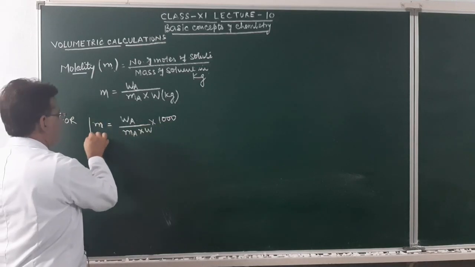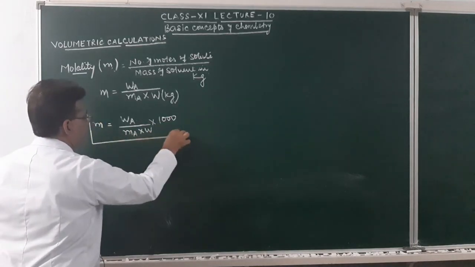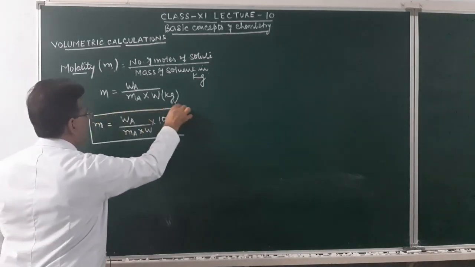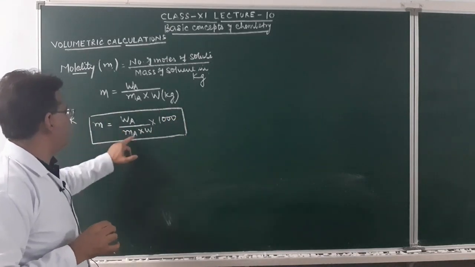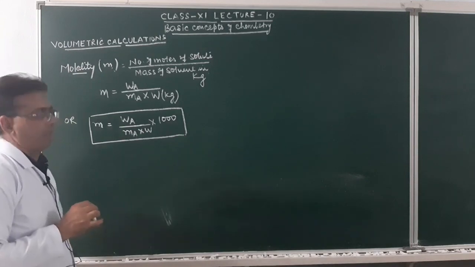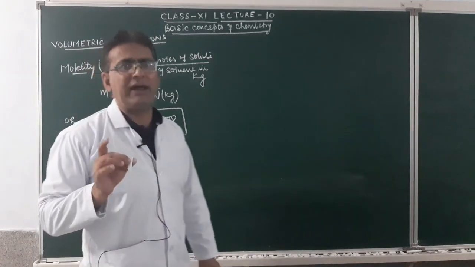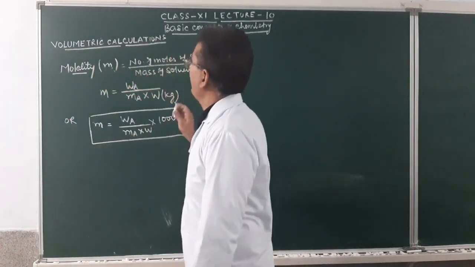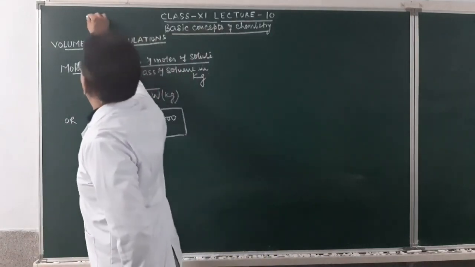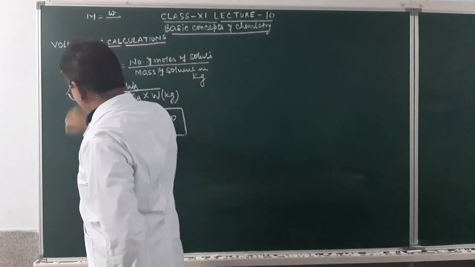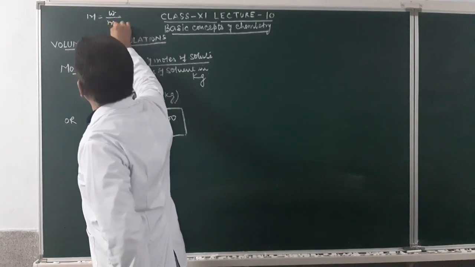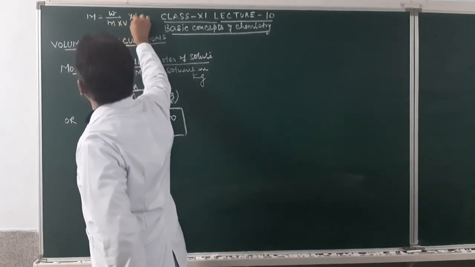If the mass of a solvent is in grams, the formula will be Wa upon Ma into W into 1000. What was the molarity formula that we discussed that day? I told you that molarity was equal to W upon M into V into 1000.